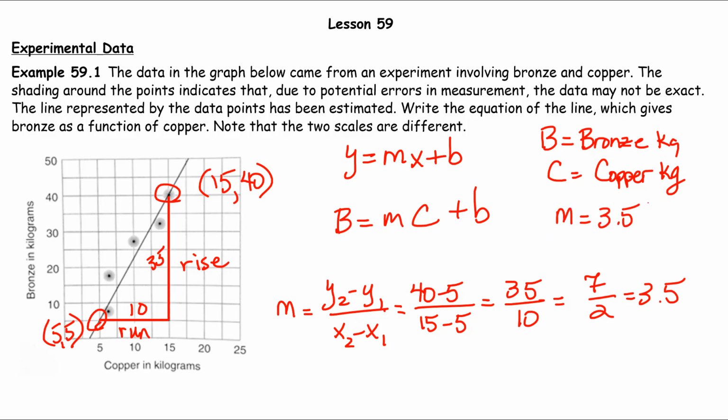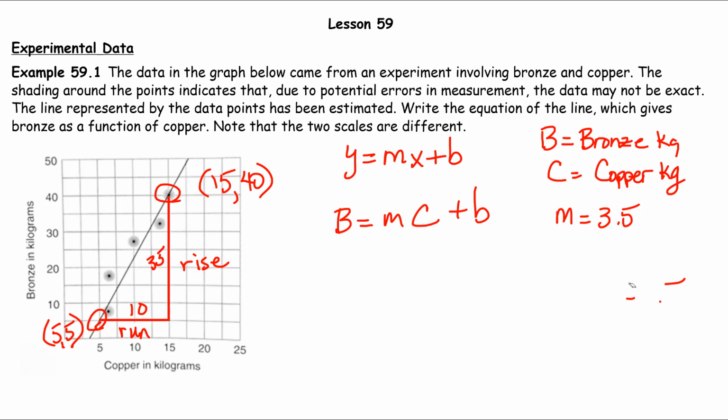And since I have that now, I'm going to erase all this so you can get it out of the way. And now we're going to fill that slope into the equation and find out what the y-intercept is. So b is equal to 3.5 c plus b. B is the y-intercept. To find that, I have to plug in a point. The easiest point to plug in will be the 5, 5 point.